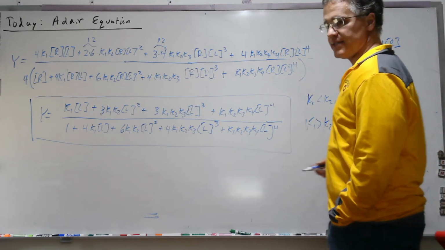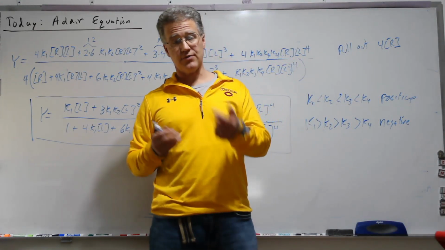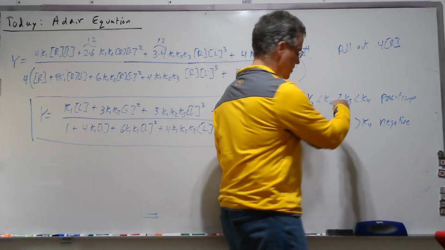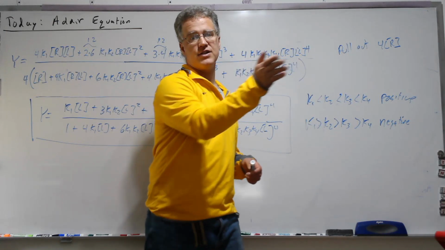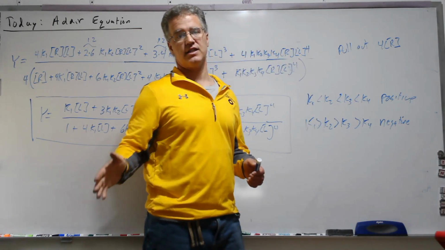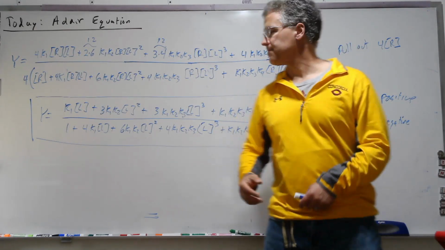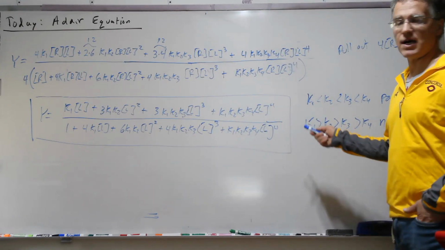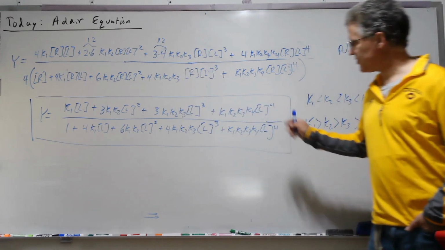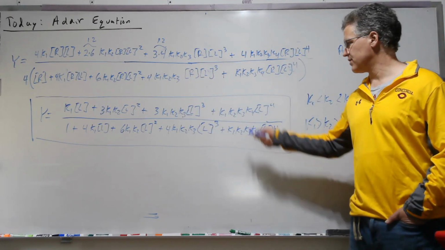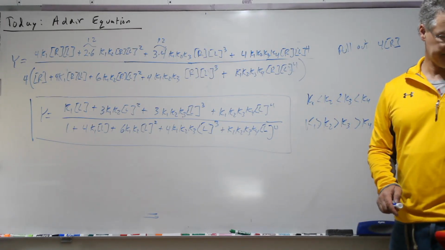So this would be positive cooperativity. This would be negative cooperativity. Now, of course, in general, we could have all sorts of different relationships between the Ks, and not necessarily a steadily increasing K or steadily decreasing K. So it may be a much more complicated system. And nonetheless, this captures that if we can get the values for the different Ks, which of course would be the experimental challenge of this.